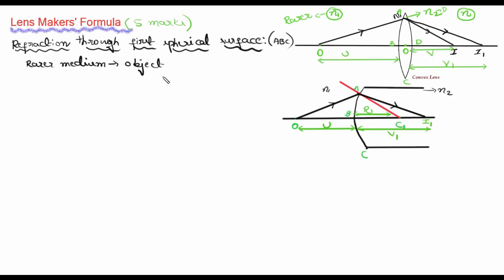So for that, we already had one equation: N2 by V minus N1 by U is equal to N2 minus N1 by R. This is the general equation for refraction through a spherical surface when the object is in the rarer medium and the image formed is in the denser medium.